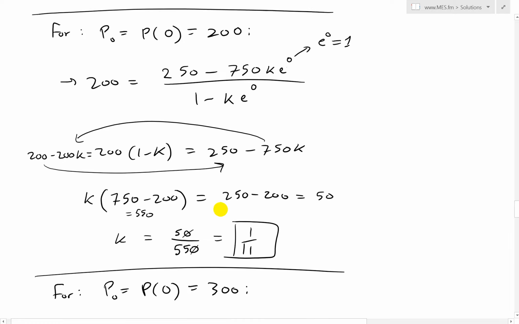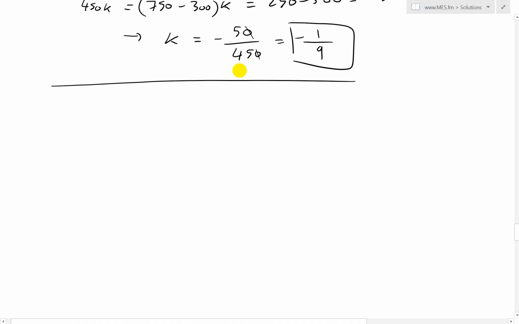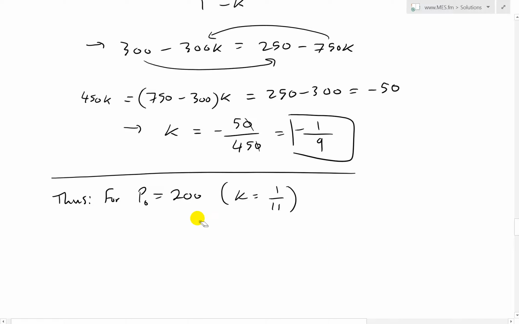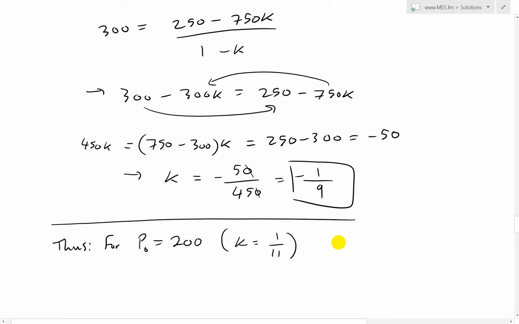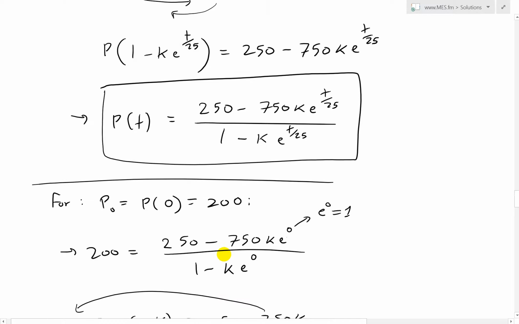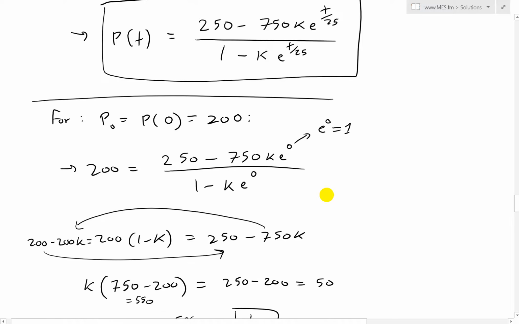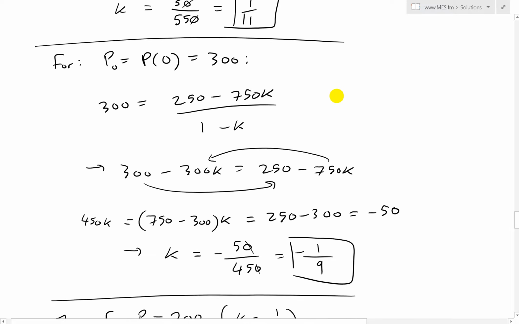Yeah, so now what we have is our solutions, or the K values, and we can plug those into the solutions. So thus, for P0, for the initial population of 200, also note that K equals 1 over 11 in that case. And now we just plug in our K value. Let's just recall the formula we had: 250 minus 750Ke^(t/25) over 1 minus Ke^(t/25).